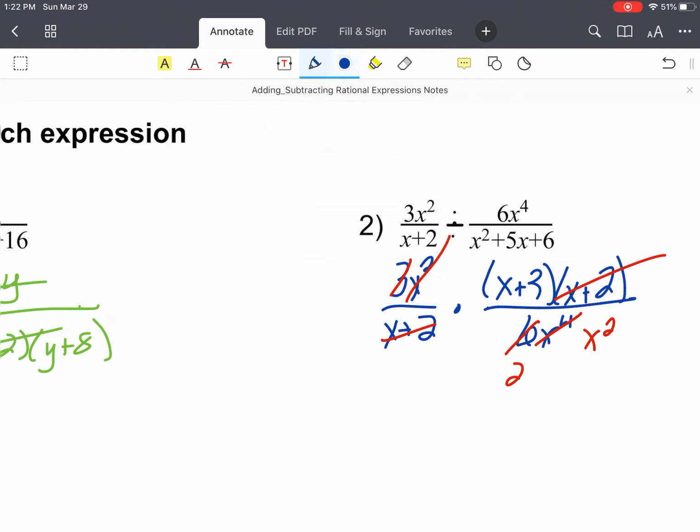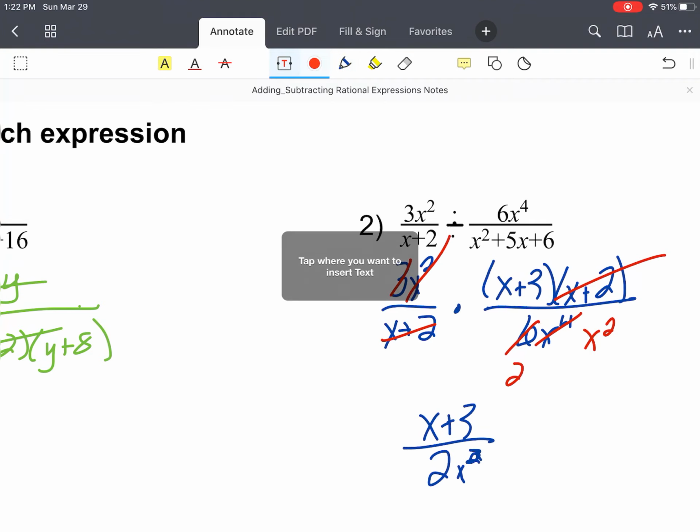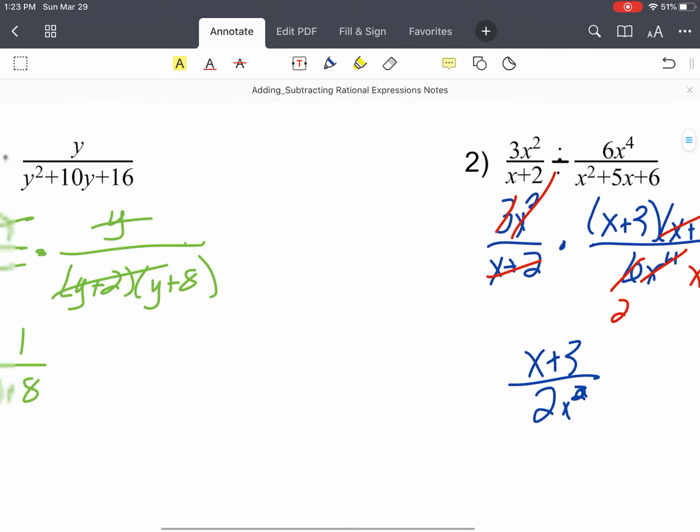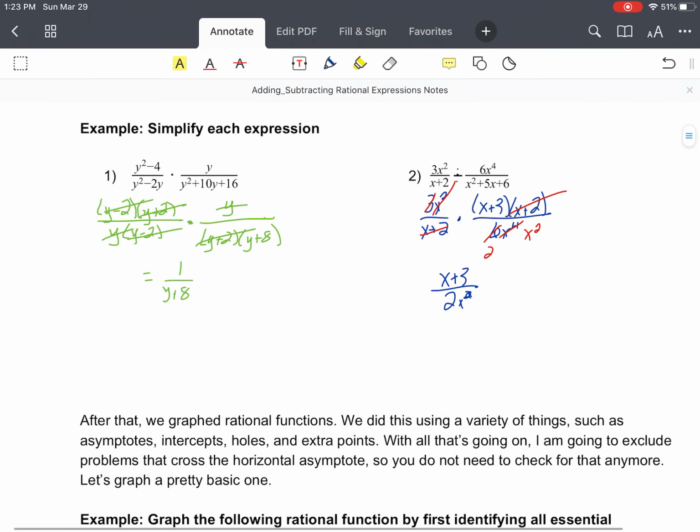So we are left with x plus 3 on top and a 2x squared on bottom. Alright, that wasn't too bad. So we just went through, multiplied, and divided them.